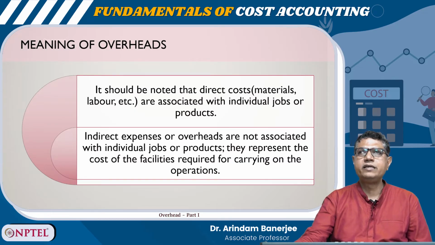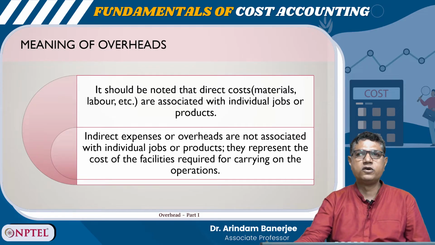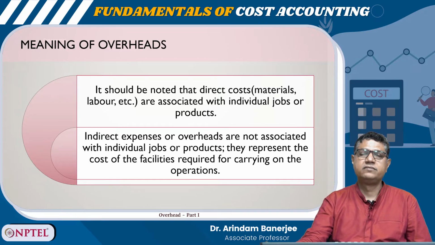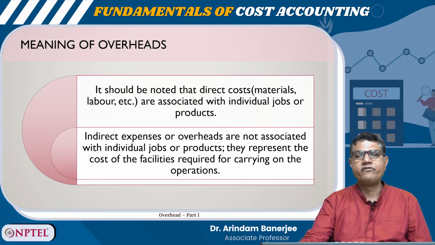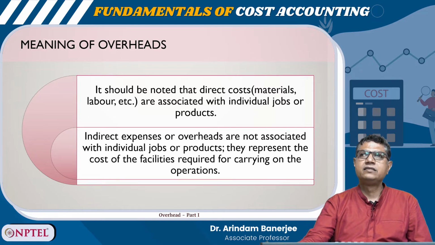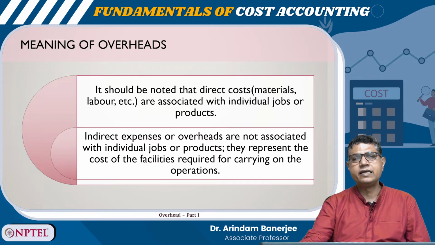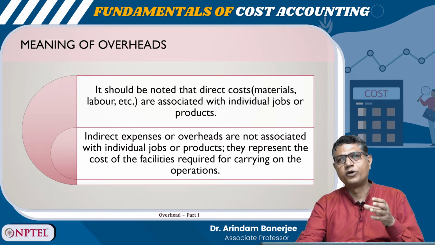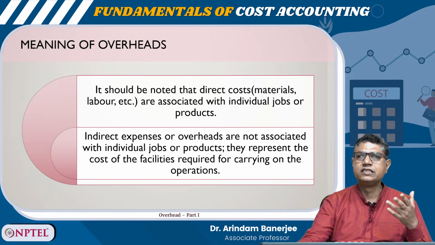What is the meaning of overhead? It should be noted that direct costs are associated with individual jobs or products. If you remember, we gave an example of direct material like iron sheets used for manufacturing vehicle bodies. The worker who is directly working in the assembly line for producing the product, the salary or wages paid to him, is an example of direct labor.